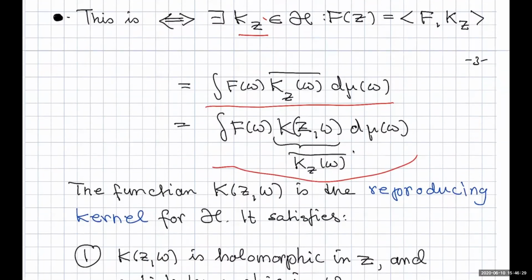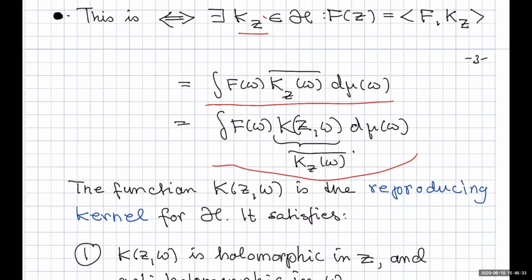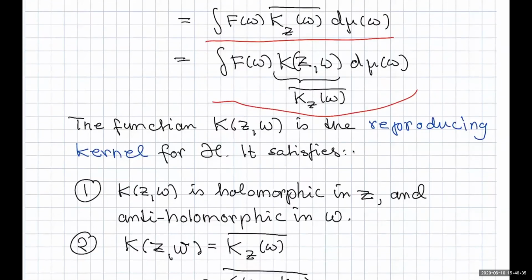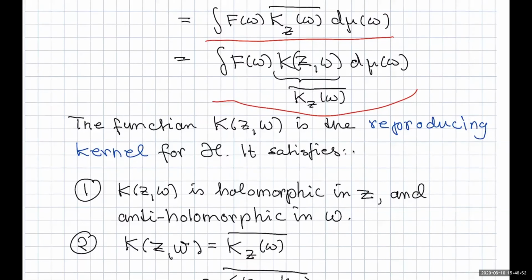Okay, so that is the step from a function of two variables to a function of one variable. Because of this, the first variable is here the index, and then we conjugate it. It becomes holomorphic in the first variable and anti-holomorphic in the second one.